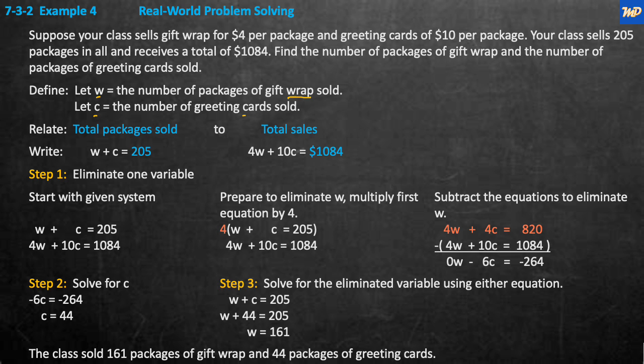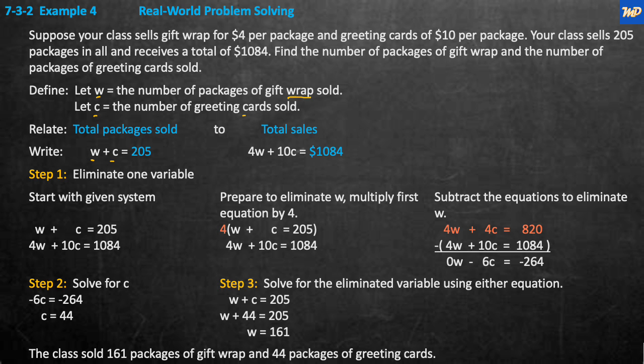And it says that we have 205 packages in all. So that would mean that if we took the number of wrap packages plus the number of card packages and add them together, we should get 205. The sum total of the gift wrap packages plus the greeting card packages will equal 205.